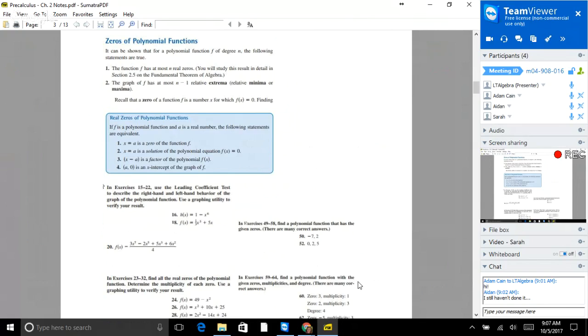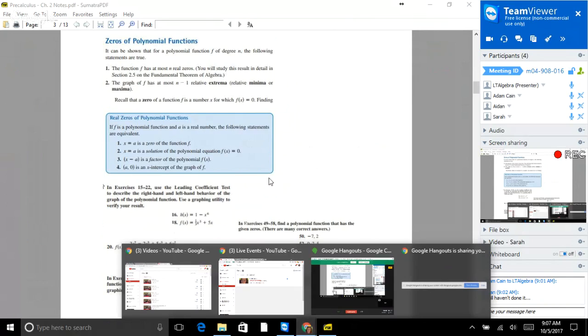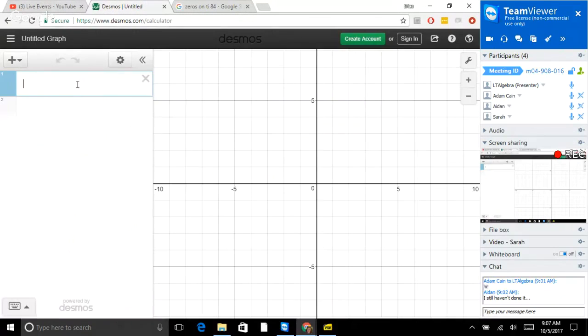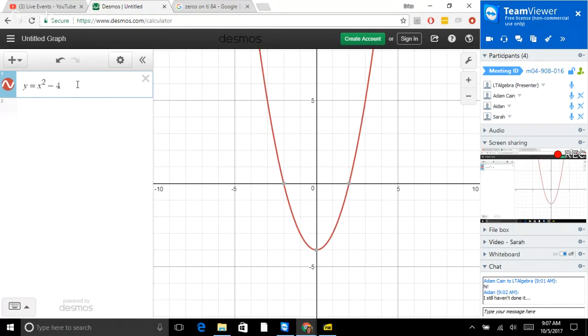So for example, if I slip over to Desmos, there we go. All right, if I put up a quadratic, a simple polynomial, and I wanted to know what the zeros of my equation are, it would be these 2 points.